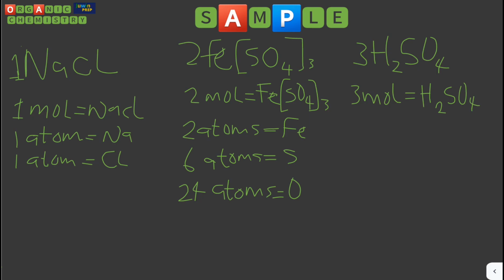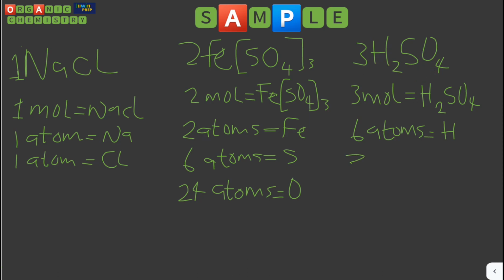Next, you say the atom of H, hydrogen. 2 times 3 is 6, right? So we say 6 atoms of hydrogen. Next is sulfur. There's 1 here. So we say 1 times 3, which is 3.